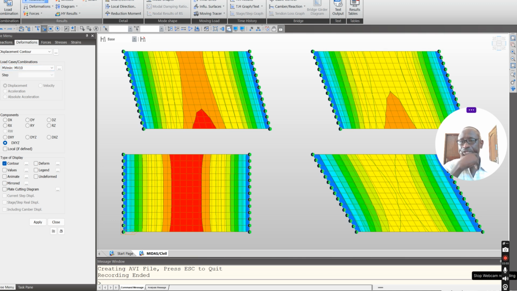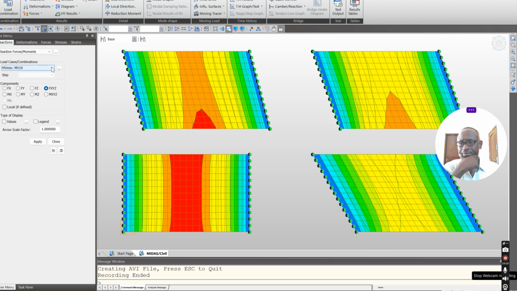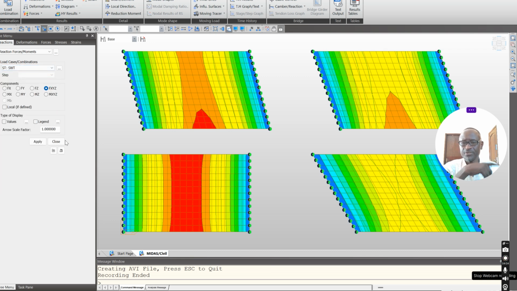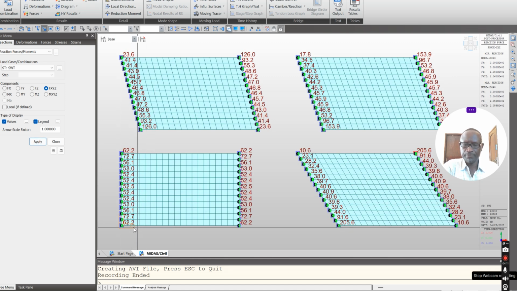In terms of reactions, I also realized that the reactions do vary. Even due to self weight, the reactions are not the same, but they're the same for the normal deck, which is the first one. You can see here this is uniform, the same values, and as soon as you move to 15 degrees, the obtuse angle I told you yesterday tends to give a higher value than the acute angle, and the value also tends to vary.